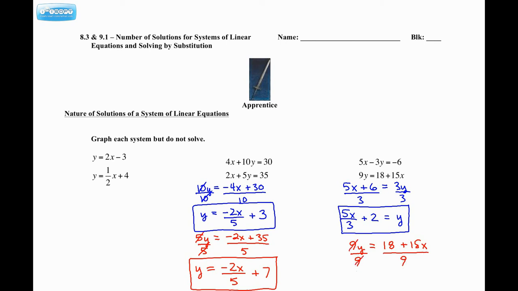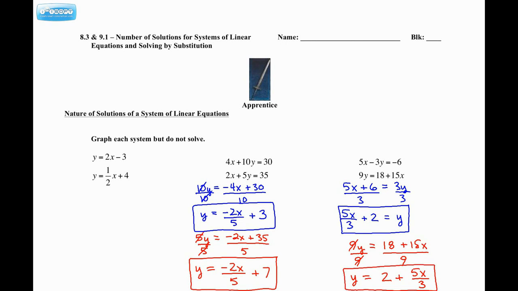And this gives me y equals, and 18 over 9, that is just 2, plus 15 over 9. Those are reducible. Those are both divisible by 3. So dividing both of them by 3 will give me 5x over 3. So that's that equation.